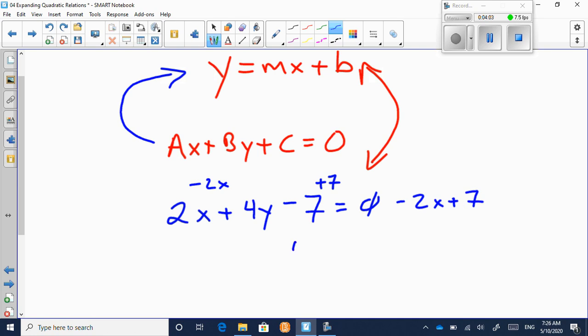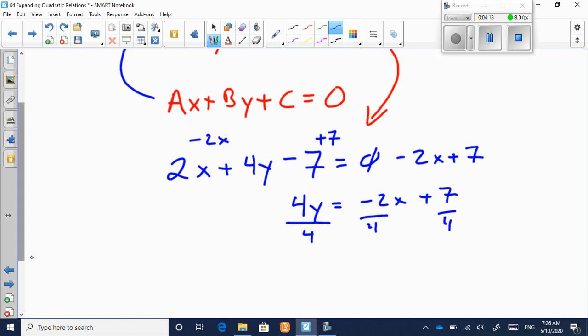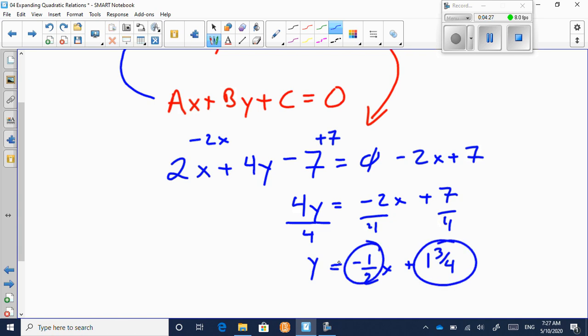And then we would have 4y is equal to negative 2x plus 7, and then divide everything by 4. And so in that situation, we have y is equal to negative 1/2 x plus 7 over 4, which is 1 3/4, or we could just leave it as 7 over 4. So we know that that's the y-intercept, and we know that that's the slope.